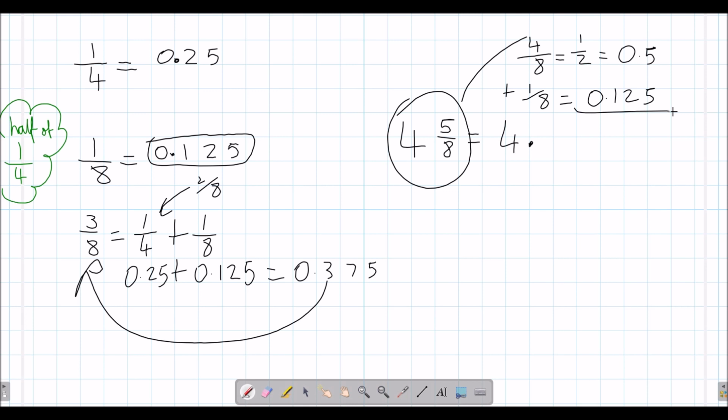And if I add 0.5 and 0.125, I will get 0.625. So my 4 and 5/8 is 4.625. But that's as difficult as we ought to go.